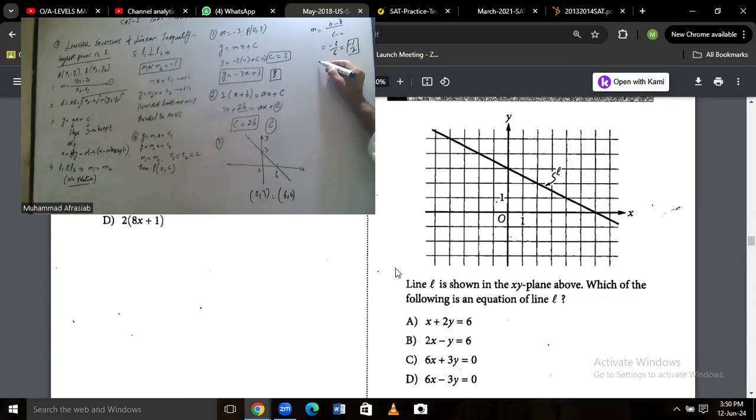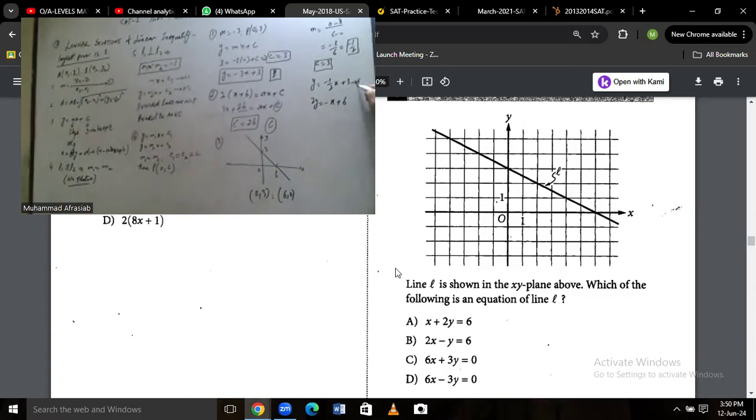And c is equal to 3 because it is cutting the y-axis at 3. So the equation of the line is y equals minus half x plus 3, or you can multiply this: 2y is equal to minus x plus 6.